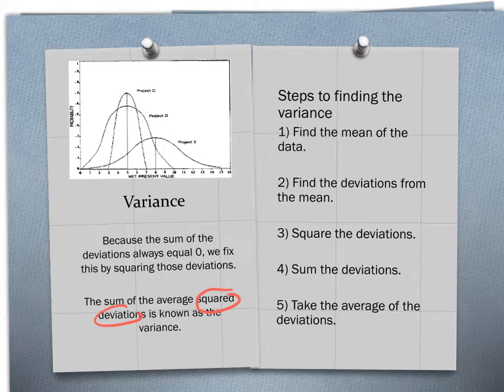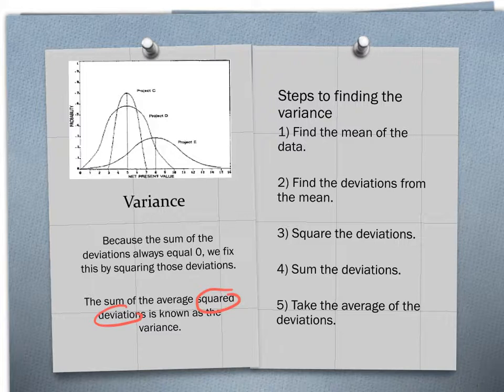It makes every deviation positive, and it also makes every deviation that is really far away from the mean become even bigger. So if our deviations are really close to the mean, we'd expect that value to be very small when we add them all up. And if our deviations are really far away from the mean, we'd expect that value to be very big.